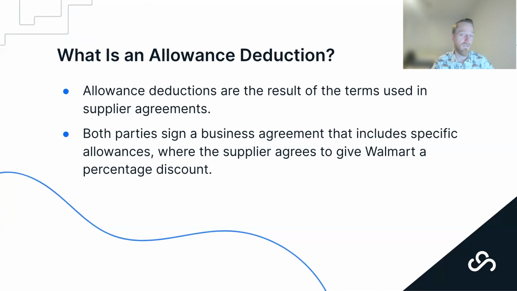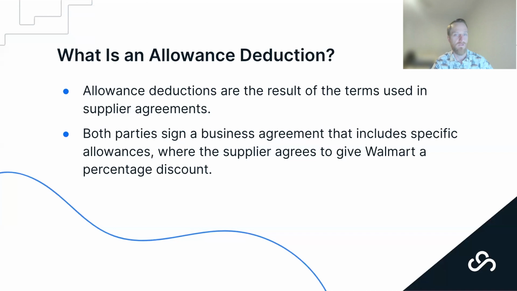And sometimes, Walmart's going to kind of require or strongly encourage you to give Walmart these discounts. So they're very common. And when you agree to give them, if you don't actually do it when you're invoicing, if you don't give them that allowance percentage off your invoice, then they'll come back and take it as a deduction.